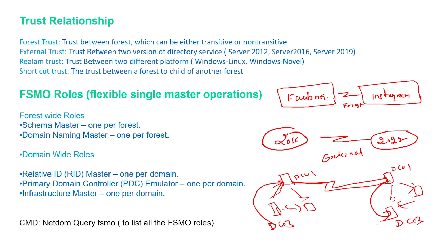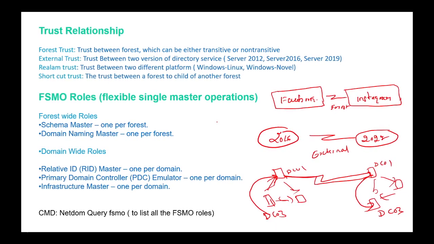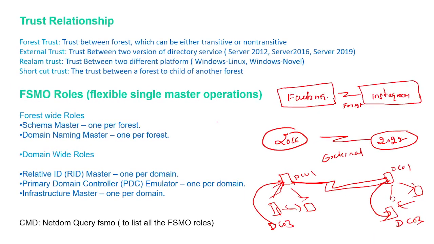So the next topic is FSMO. This is very, very important. In any interview you go to, they will ask you what is trust, what are FSMO roles. FSMO, as the name itself says, stands for flexible single master operations roles. There are some roles in the Active Directory, and those roles are flexible.